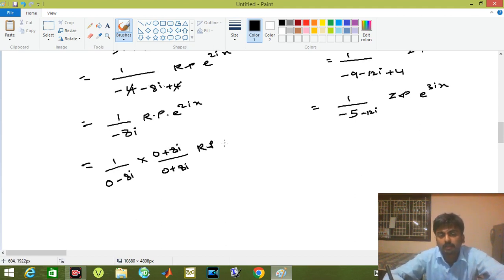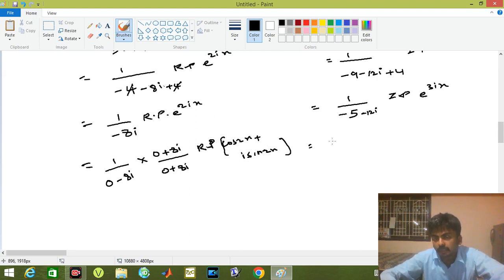Into real part of cos 2x plus i sin 2x. Okay, and here the minus is common. Here you can take minus commonly outside, and that minus can be brought to the numerator.